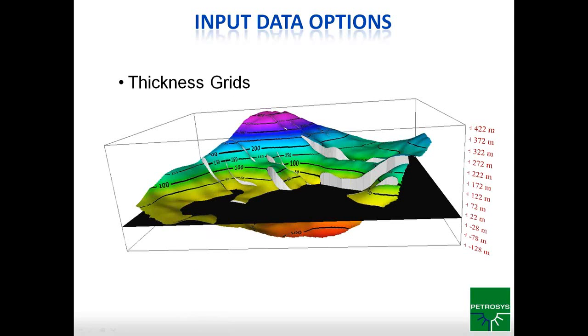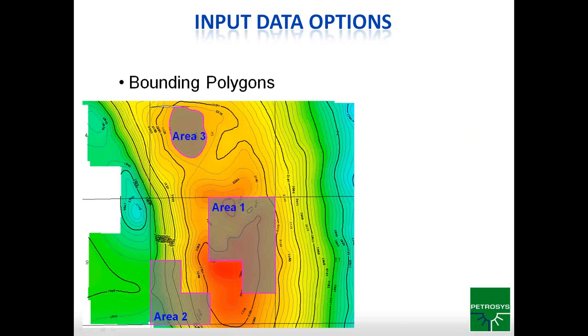Of course, you can use thickness grids, isopachs, as your input, and you can include bounding polygons to restrict the area laterally. When you use bounding polygons, the output report will show you individual volume reports for each of the areas in question, as well as cumulative volumes for just the totals.